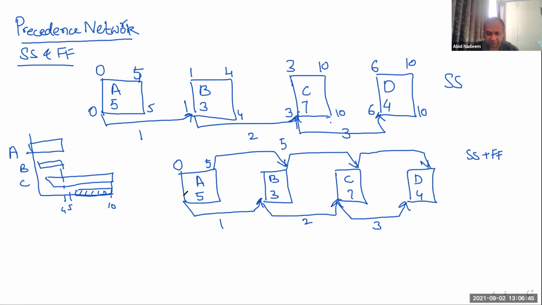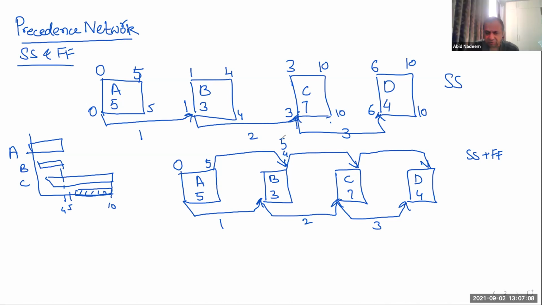And from the start, if it is 0, then it will be 1, and 1 plus 3 will be 4. So from 5 and 4, what value will we take? 5? Yeah, we will take 5.